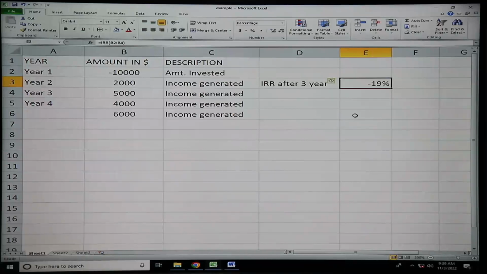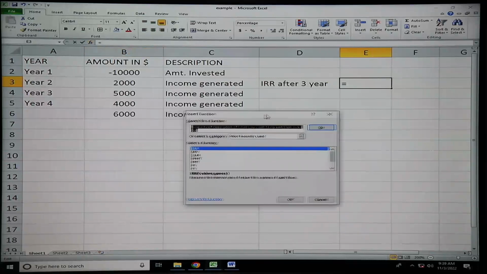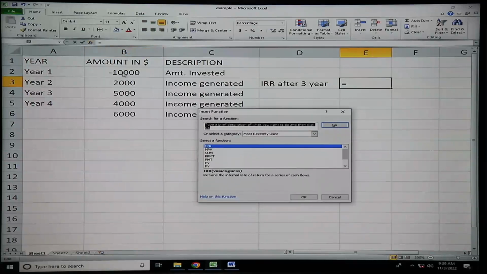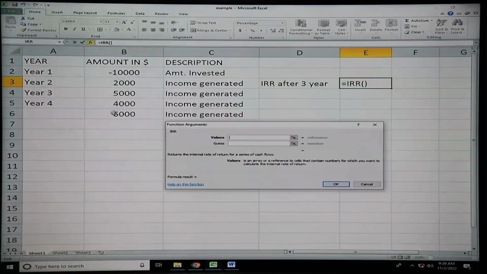So you've seen what we have done. You can repeat that formula again: you insert the function IRR, then combine it with the amount invested.